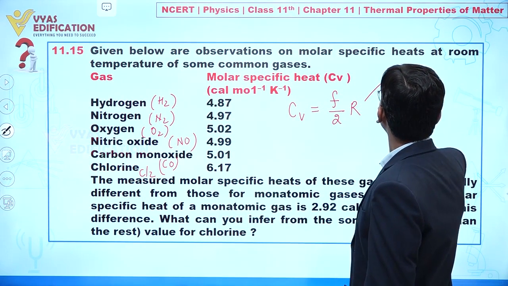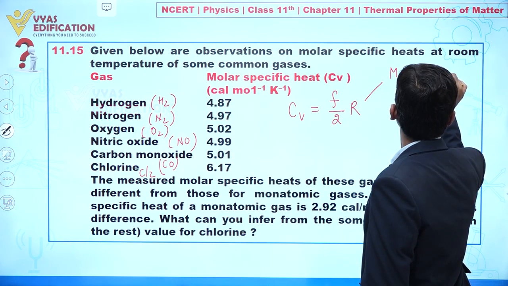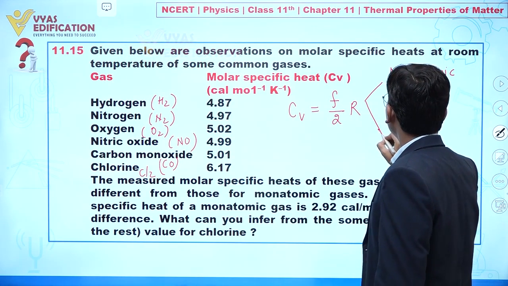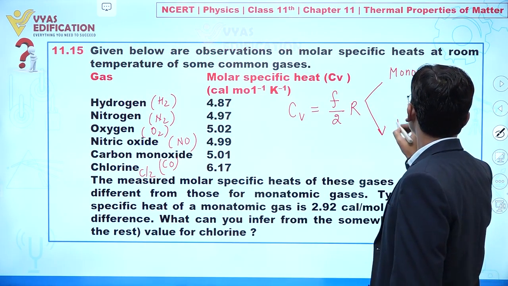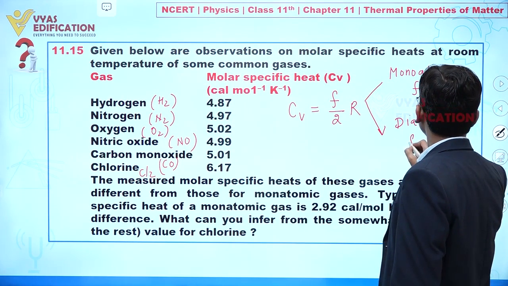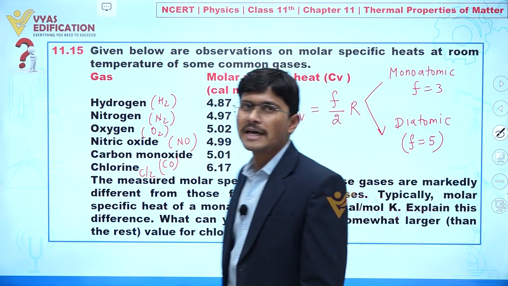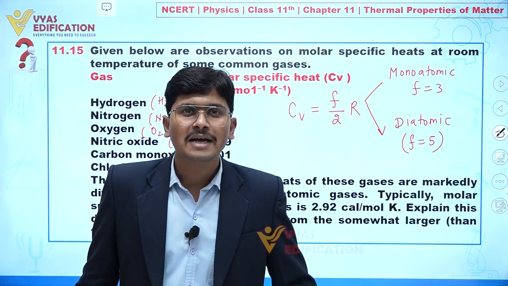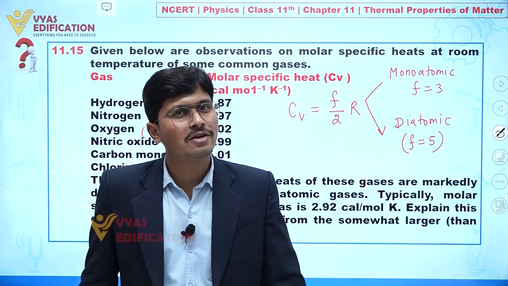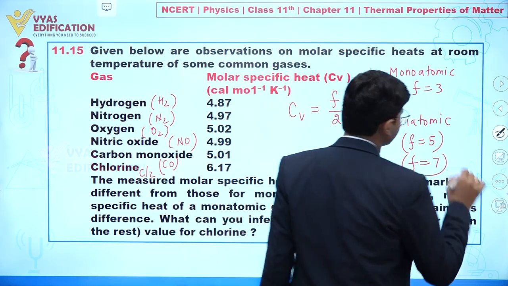For a monoatomic gas, F is equal to 3. And what about diatomic gases? For diatomic gases, this F value is 5 at normal temperature. And if we also add the vibrational mode of degrees of freedom, then the degrees of freedom become 7 at higher temperature.